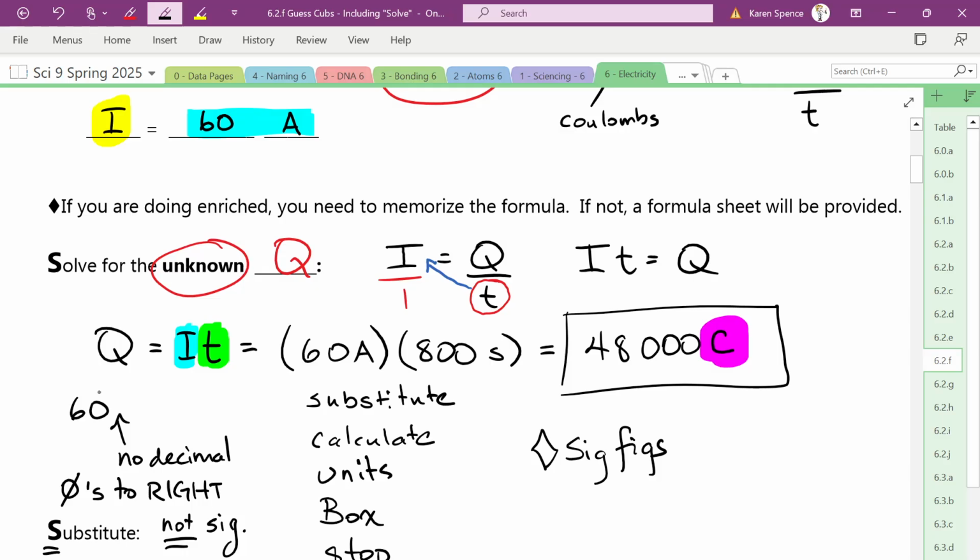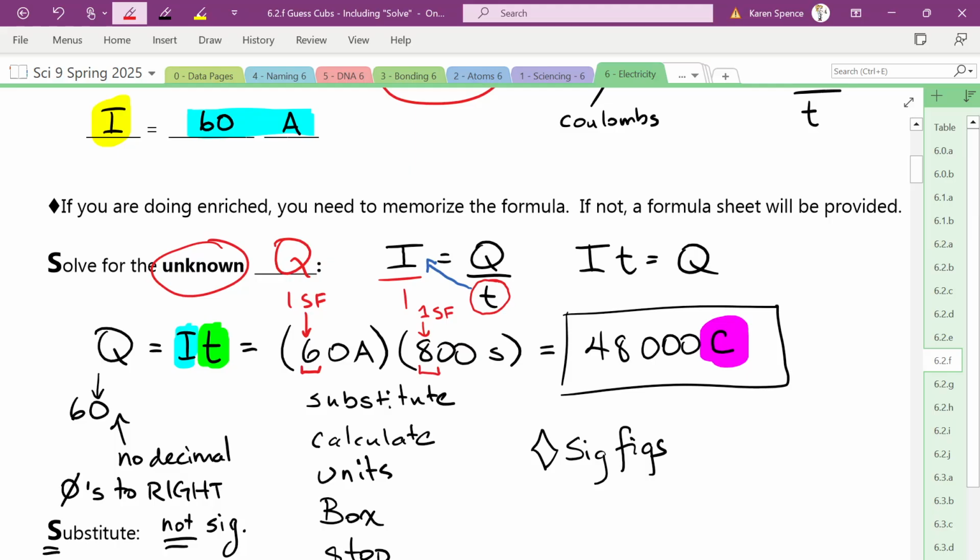And what that means is if this 0 is not significant, we only have one sig fig. Okay? So 60 has just one sig fig. And 800, for the same reason, it's not got a decimal in it. And so it also only has one sig fig.